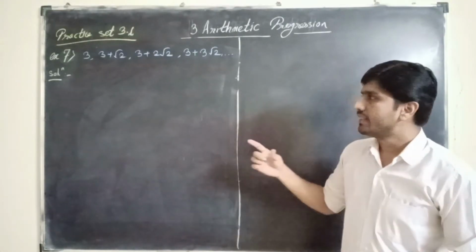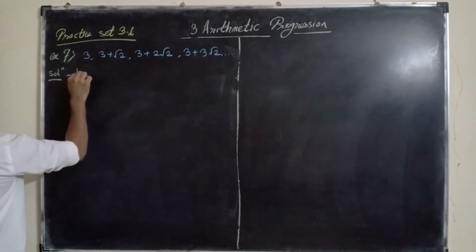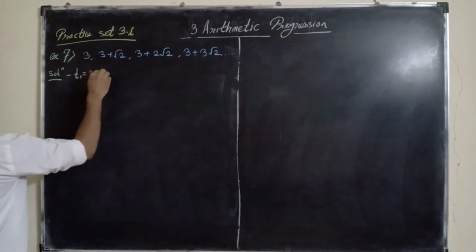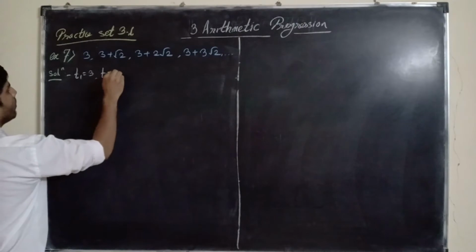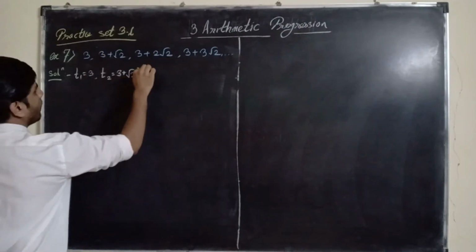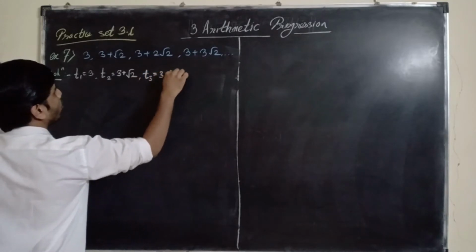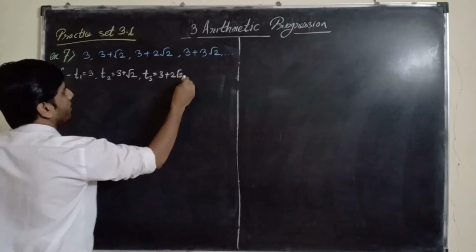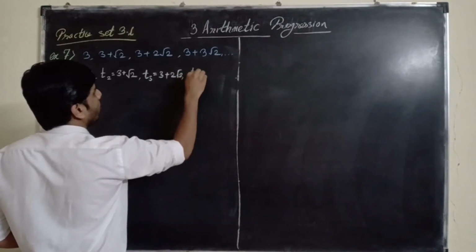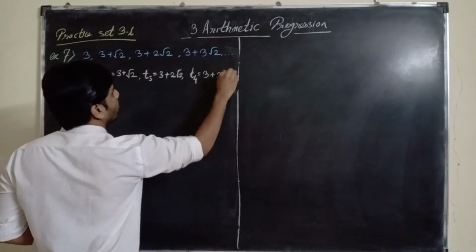Now let's start with the 7th example. Here, the first term T1 is 3, the second term T2 is 3 plus root 2, the third term T3 is 3 plus 2 root 2, and the fourth term T4 is equal to 3 plus 3 root 2.